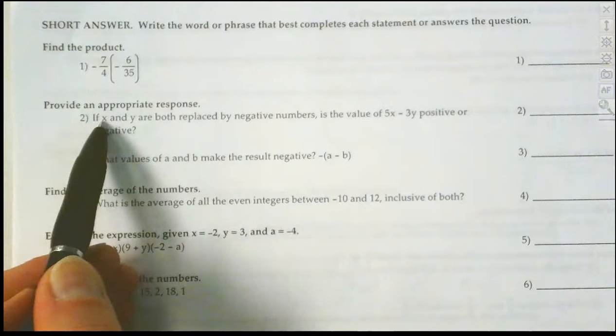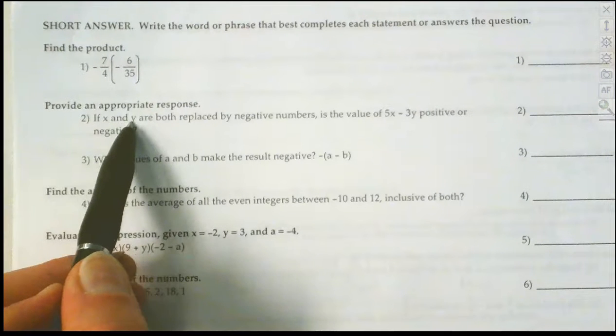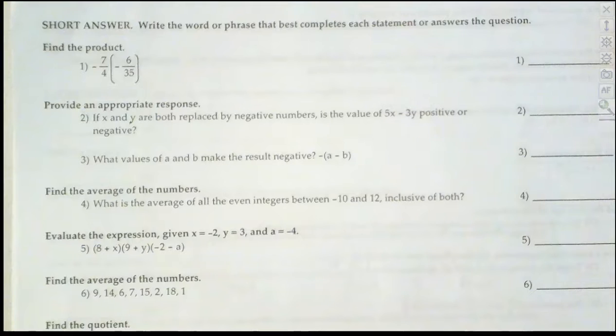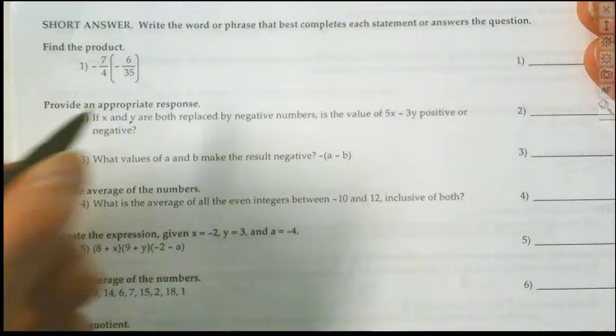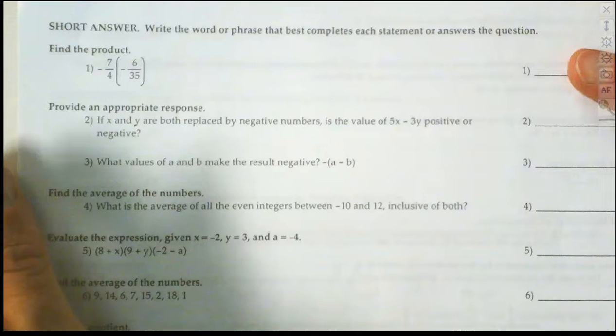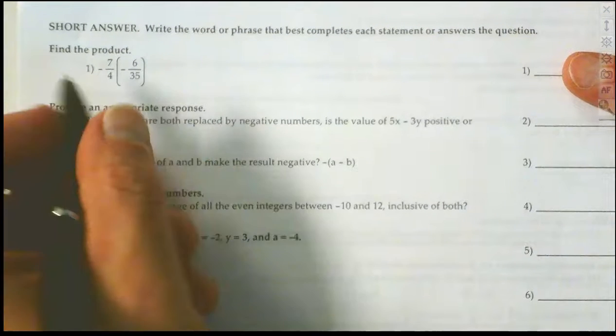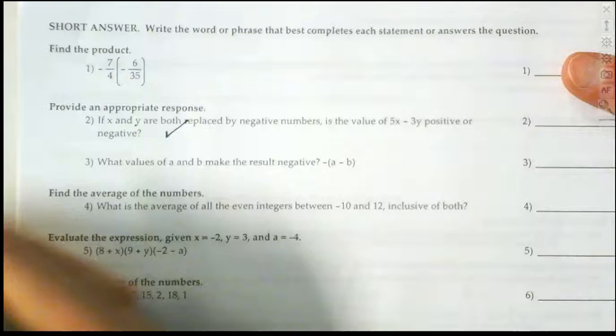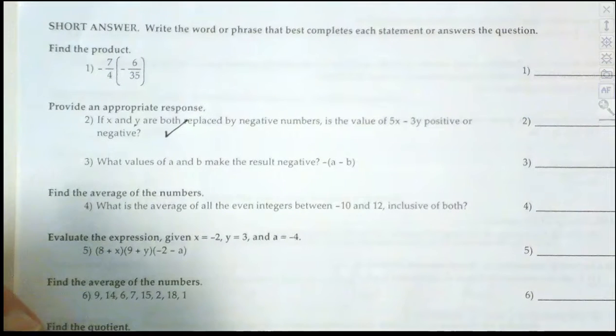And it says, if x and y are both replaced by negative numbers, is the value going to be positive or is the value going to be negative? What I want you to do is check with these two sets of numbers. I want you to check the signs on these two sets.